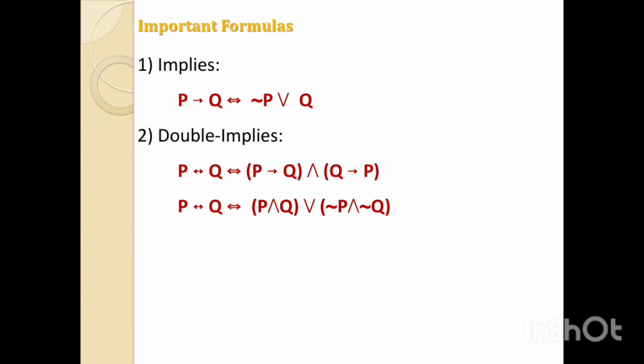First is P double implies Q is logically equivalent to P implies Q and Q implies P. The second formula is P double implies Q is logically equivalent to P and Q or not P and not Q. To solve the problem statements, we have to remember these three formulas always: the first one for implies and two for double implies.